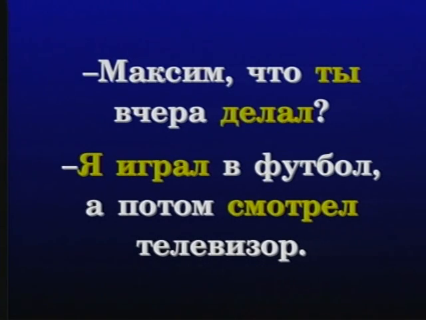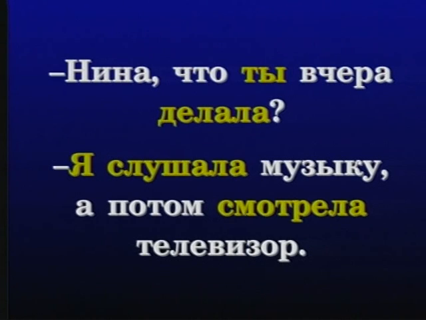So when we have я or ты as the subject of the sentence, the gender of the verb agrees with the person's gender. Let's take a look at another dialogue. This time we are talking to Nina, and Nina is a girl. Нина, что ты вчера делала?